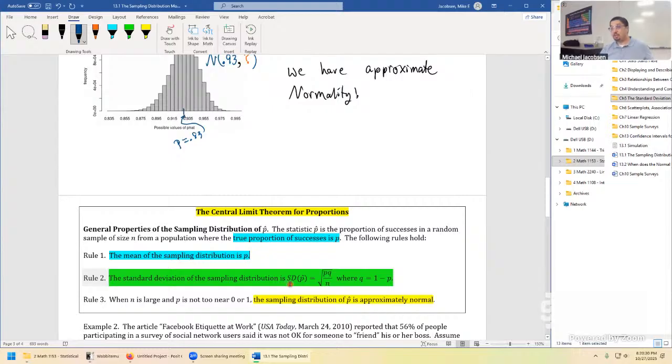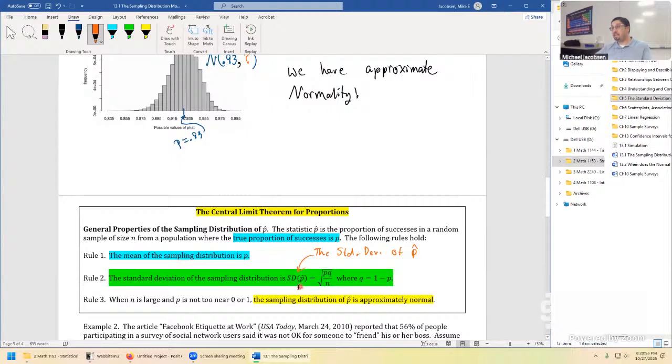The standard deviation can be written in this way, S for standard, D for deviation. And when it says parenthesis p-hat, this is just read as the standard deviation of p-hat. The parentheses are just a literal part of the symbol, so there's no multiplication here.